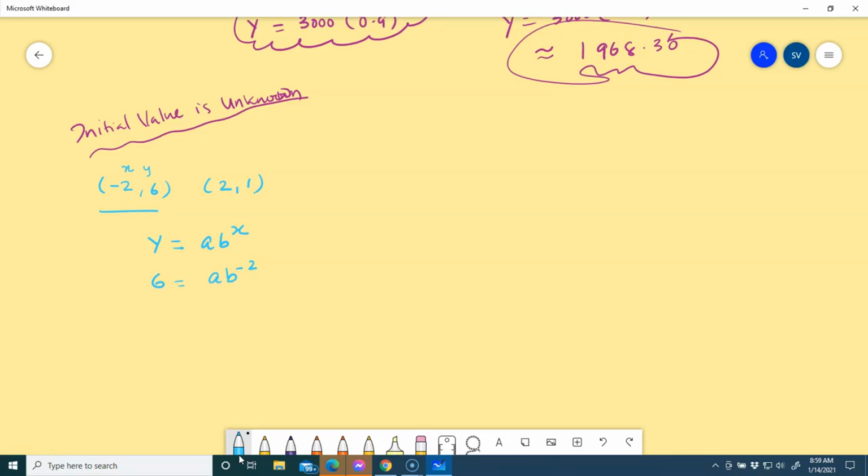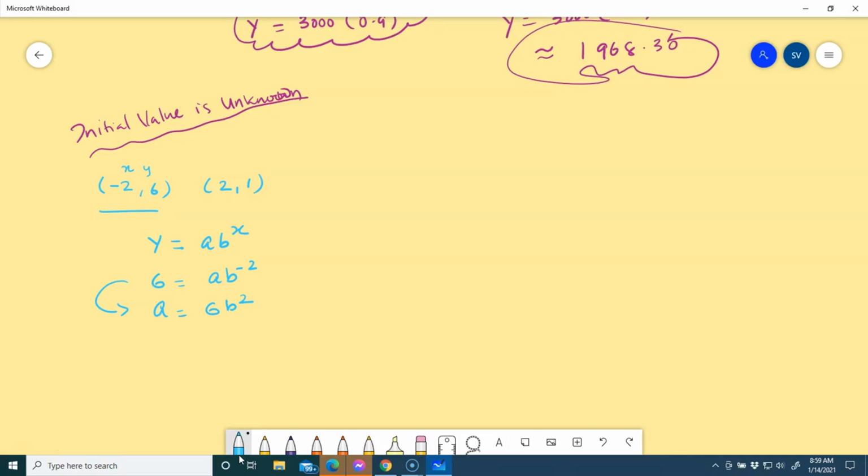That's good. From this, what will be a? A will be 6b square, I believe. Yeah. A is equal to, from this equation we can find a. A will be 6b square. Interesting equation, 6b square.